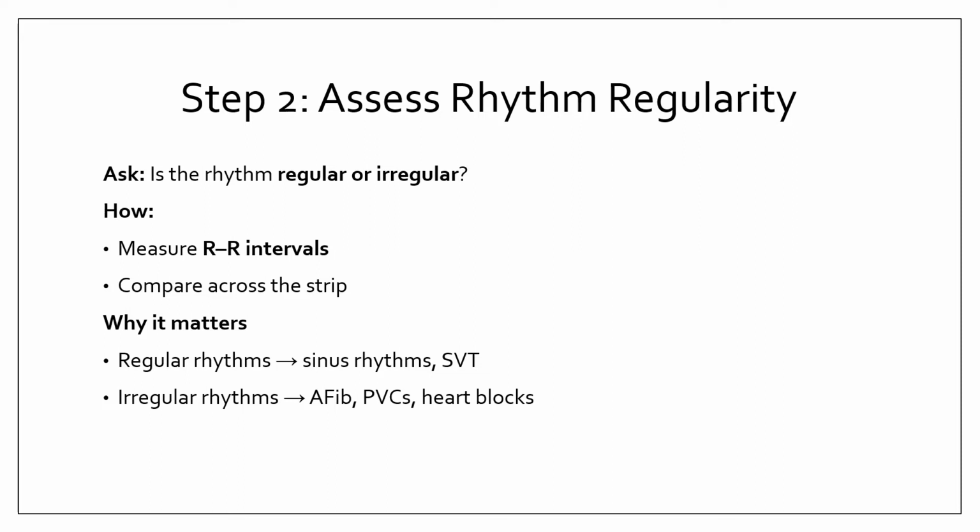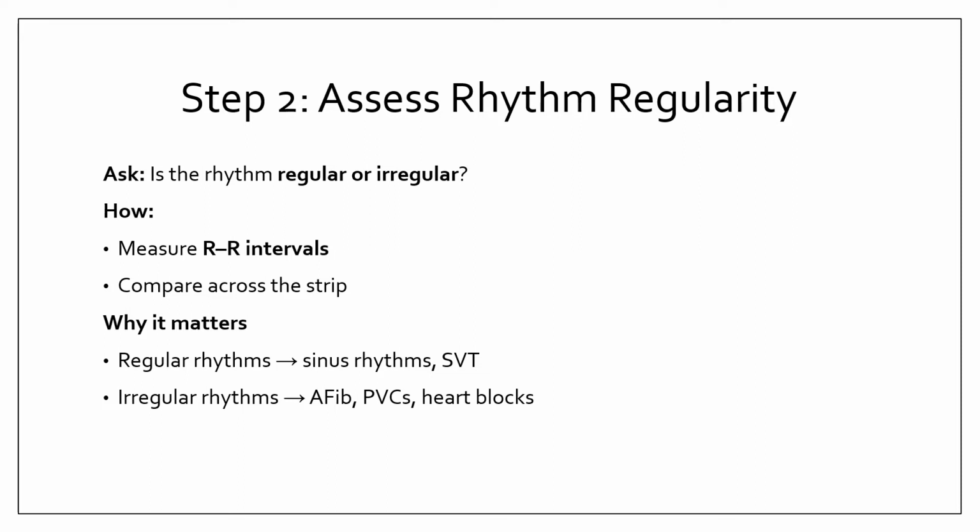So you're not measuring just one pair of beats, you're going to compare the R-to-R intervals across the strip. And any minor variation can be normal, especially with respiration, but a rule of thumb, if the R-to-R intervals differ by more than about 0.12 seconds or 3 small boxes, the rhythm is irregular.